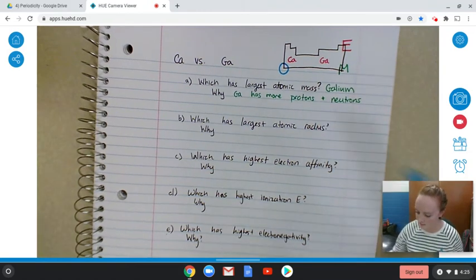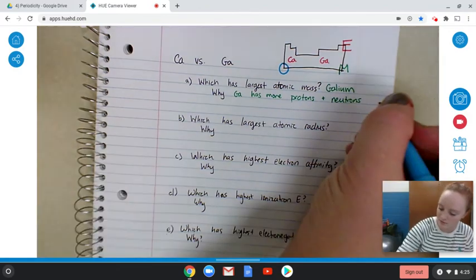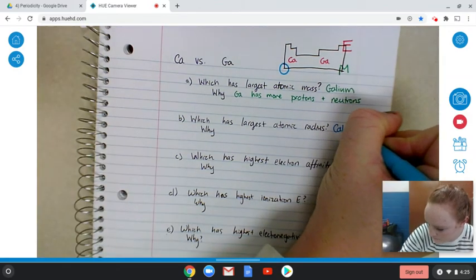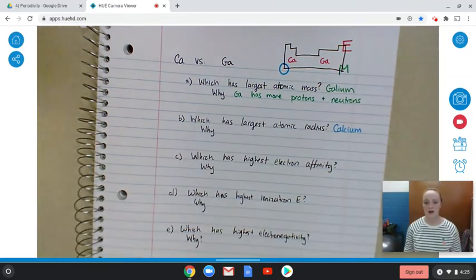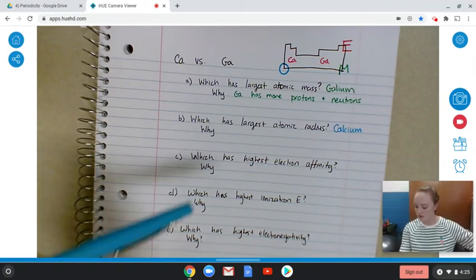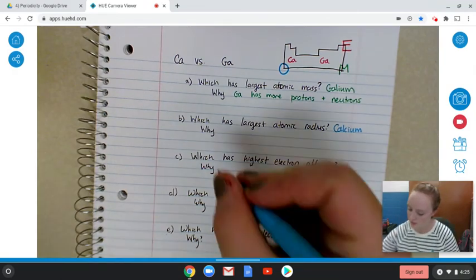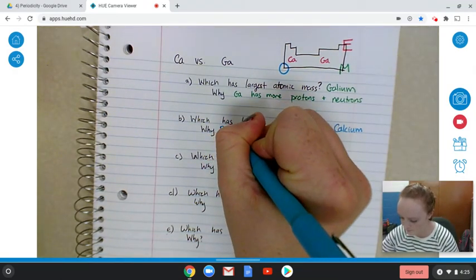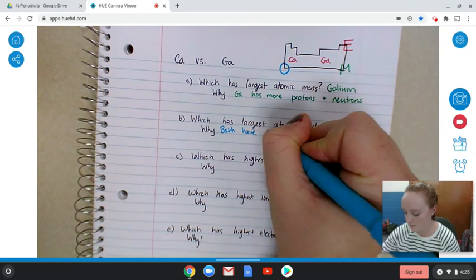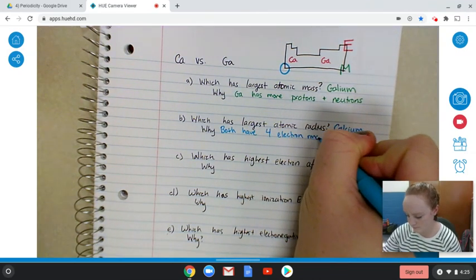All right, radius. Well, I can see pretty clearly calcium is closer to my extreme. So calcium is going to have my larger radius. For why, you might need to go back and check your radius notes. Well, here, they're both in row 4, so both have 4 electron rings.